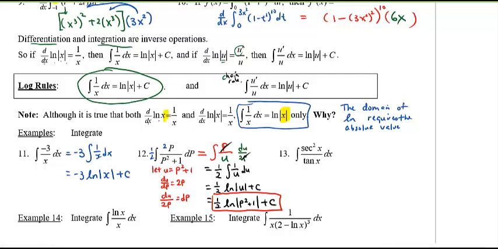Alright, secant squared x over tangent x. Yikes! Trig. I did not like trig. Oh no. If you really have no clue how to start this, I hope maybe an inspiration of u might help. If I let u equal tangent x, I hope you remember that du dx is just the derivative of tangent, secant squared x.